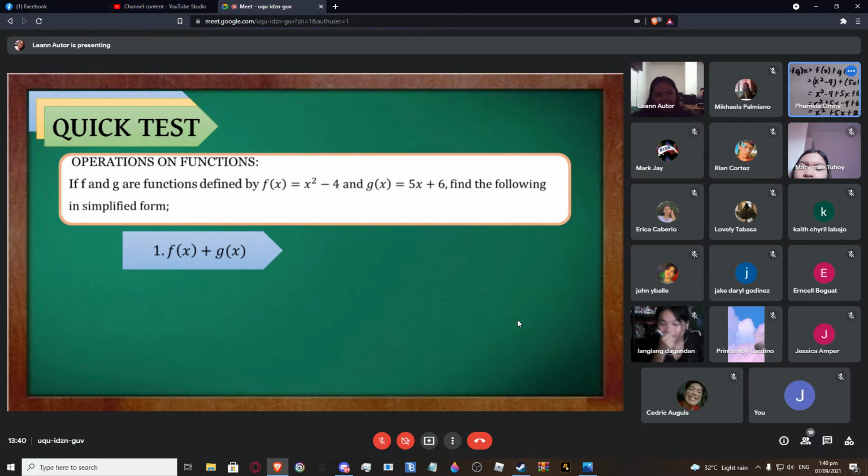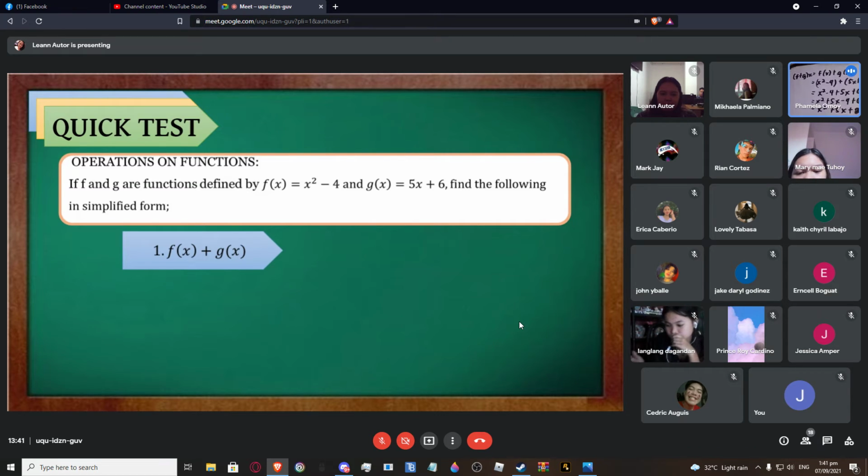So first, akong gisulat ang iyang formula, and then gisulat na ako ang given, x squared minus 4 plus 5x plus 6.